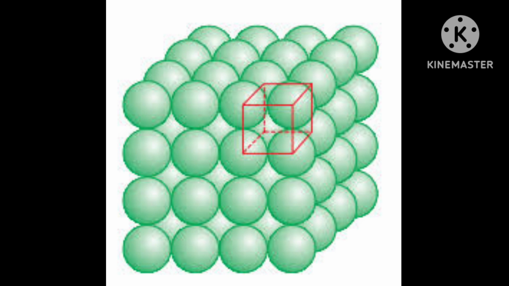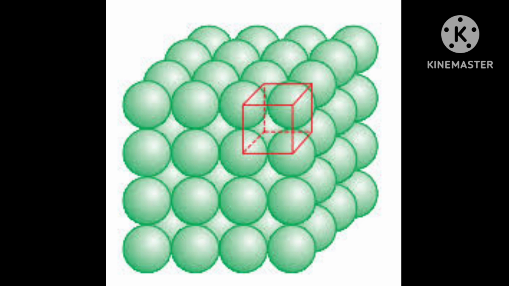Now I am telling you this only, close packing in 3 dimensions. All real structures are 3-dimensional structures. They can be obtained by placing 2-dimensional layers one above the other. Means first layer, after that second layer, after that third layer, fourth layer, fifth layer, like that, one above the other.